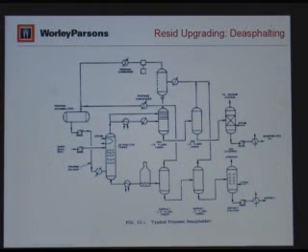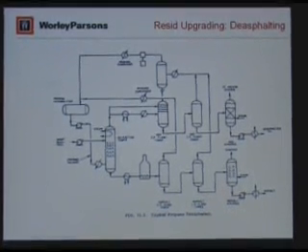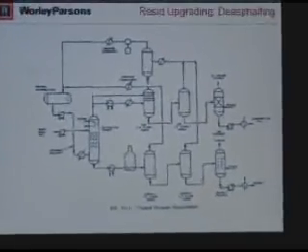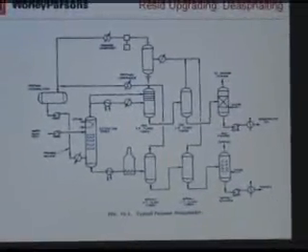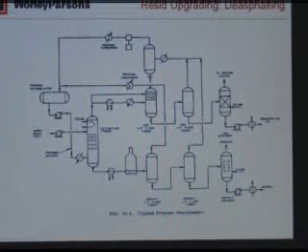And this is a typical propane deasphalter. You can see the propane is coming in here as a solvent. And then we have what's called an extraction tower. And this is like a countercurrent type of tower. So the propane is basically going this way, and then we have the resid feed coming in and flowing back down this way, so they counterflow.